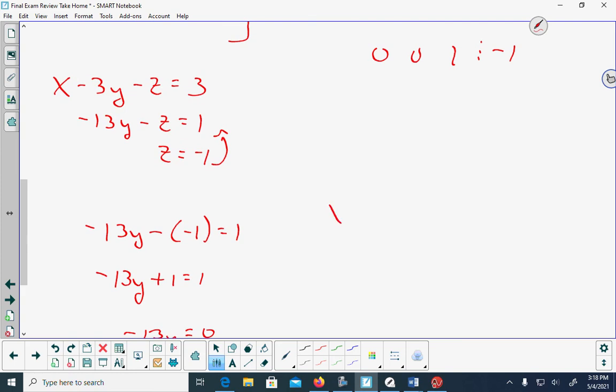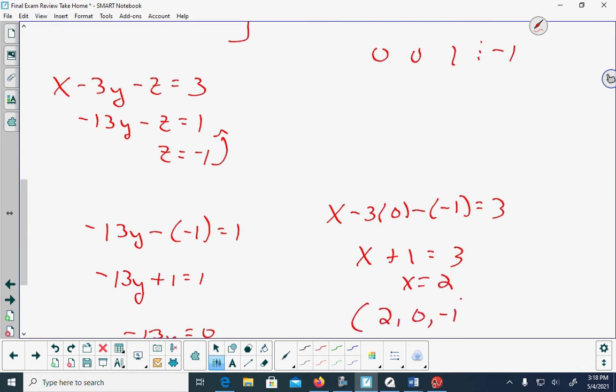So I'm going to have x minus 3 times 0 minus z, which is negative 1, is equal to 3. So this is going to be x plus 1 is equal to 3. So x is equal to 2. So my solution is 2, 0, negative 1. And I am done.